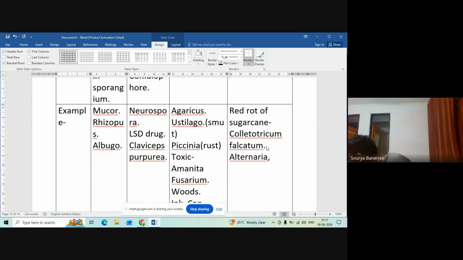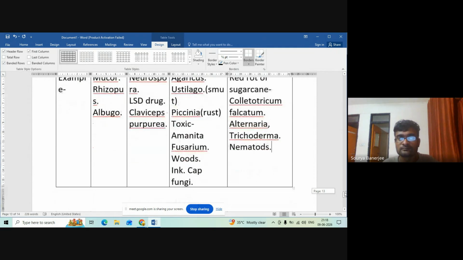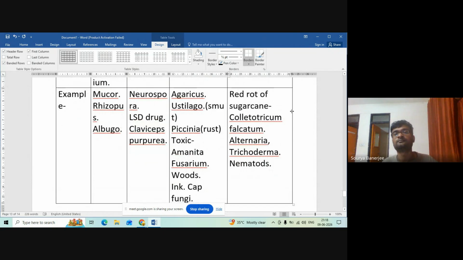Alternaria and Trichoderma, they kill nematodes.